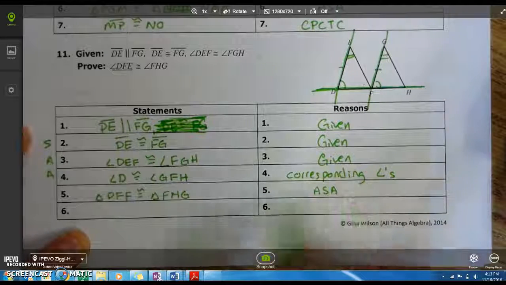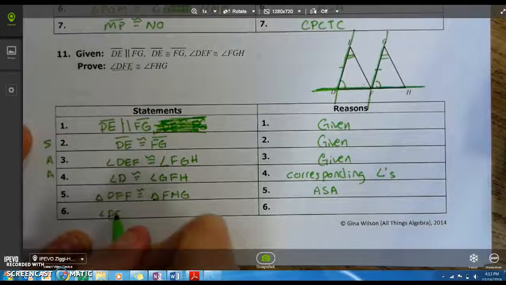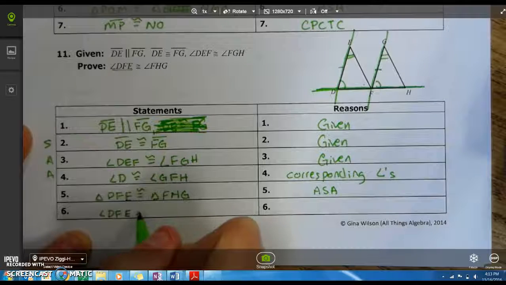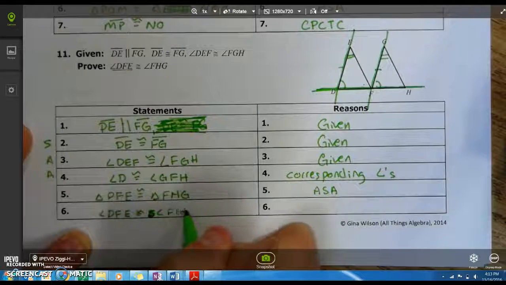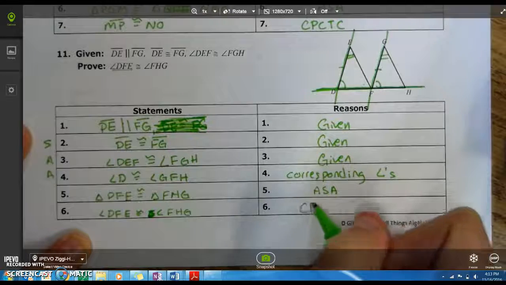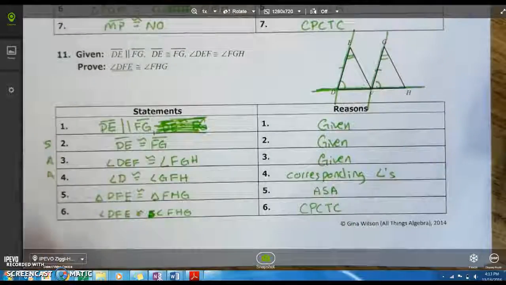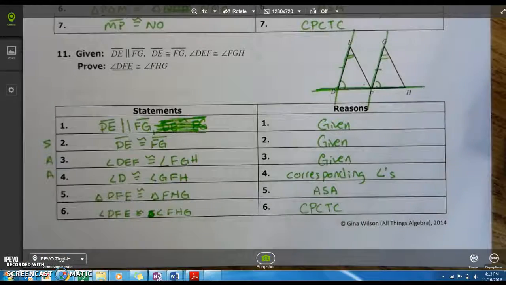And since the triangles are congruent, I know that the angles are congruent. And that is CPCTC. Good luck on the test.